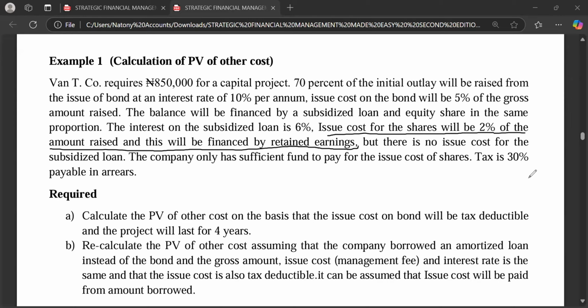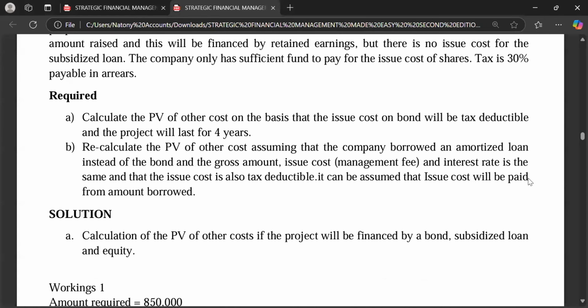So if this is the case, that means there's cash to finance the issue cost on the shares, but there is no issue cost for the subsidized loan. The company only has sufficient funds to pay for the issue costs of the shares. Tax rate is 30% payable in arrears. Okay.